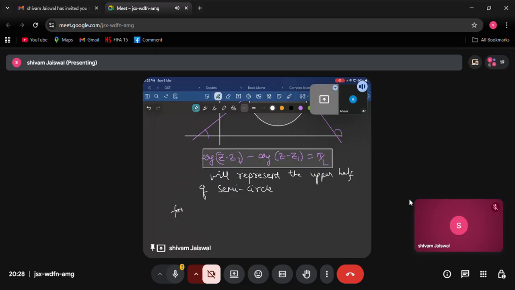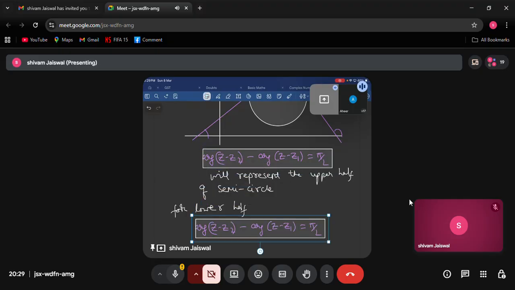For lower half, okay, argument of z minus z2 minus argument of z minus z1 will be equal to minus pi by 2. Is it clear to everyone? Tell me. Okay. Next.